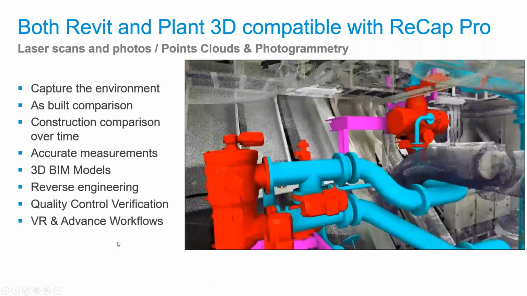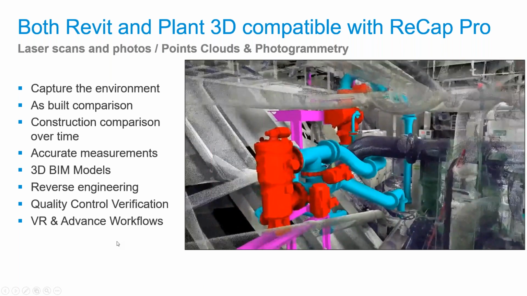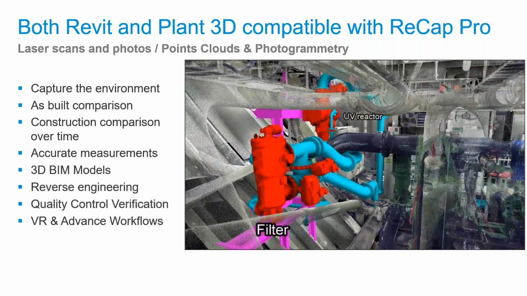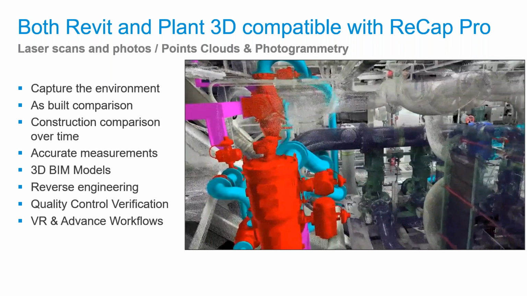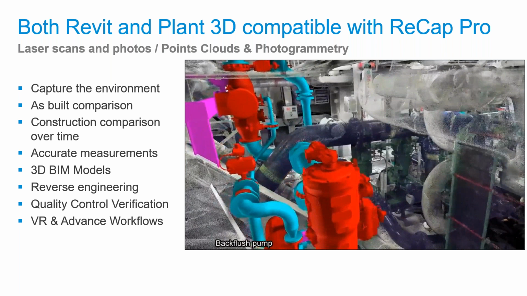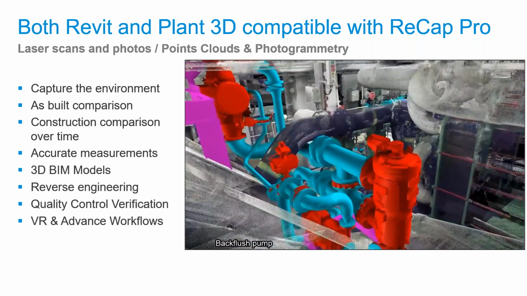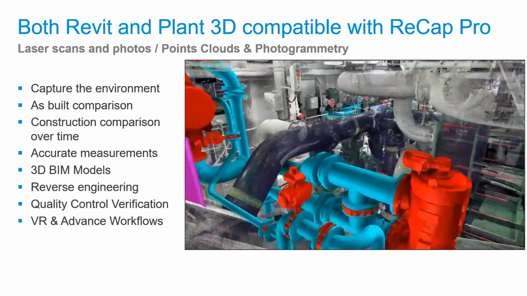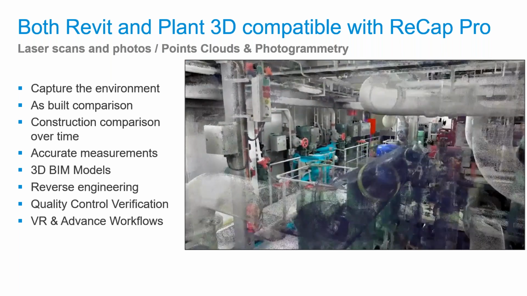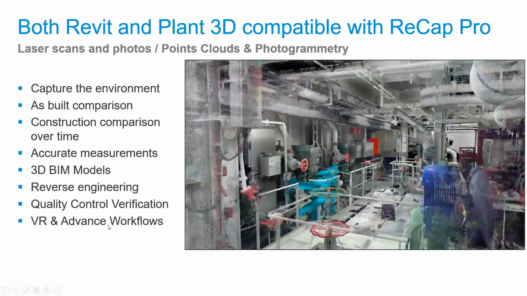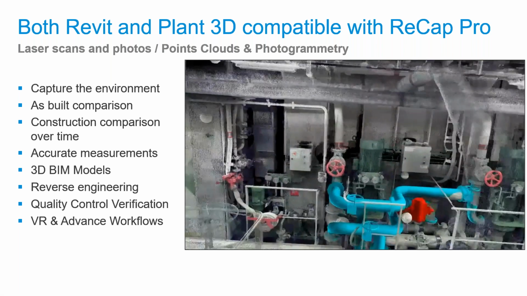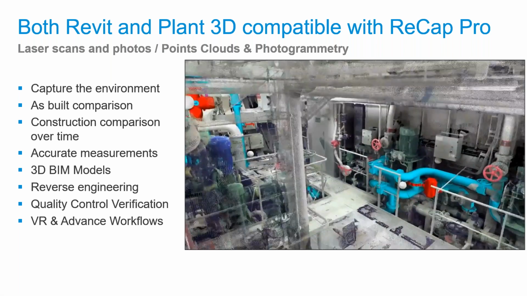You can even have advanced workflows with virtual reality, for example, if you really want an immersive experience on your plant project, or if you work collaboratively with stakeholders who are not in your region and you want to discuss a project. It can also help in zero maintenance areas like in the nuclear industry or explosive atmosphere areas. This can bring a lot of value to have that immersive experience when you iterate on the project.